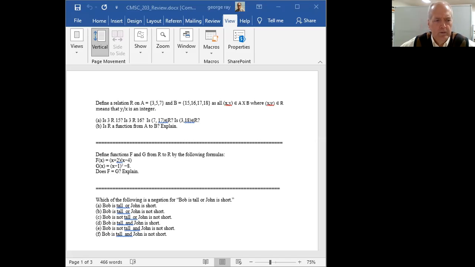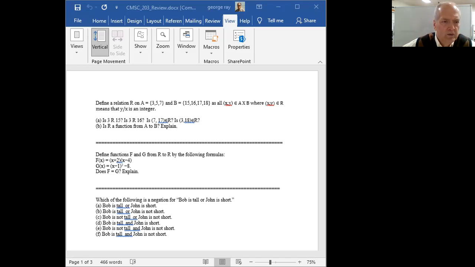Let's then start with a review. Again, there's going to be 10 questions on the exam, and they're going to be very similar to the 10 questions we're going over today in the review. So let's get started with the first question, and that is: define a relation R on set A, which has the elements 3, 5, and 7, and set B that has the elements 15, 16, 17, 18.